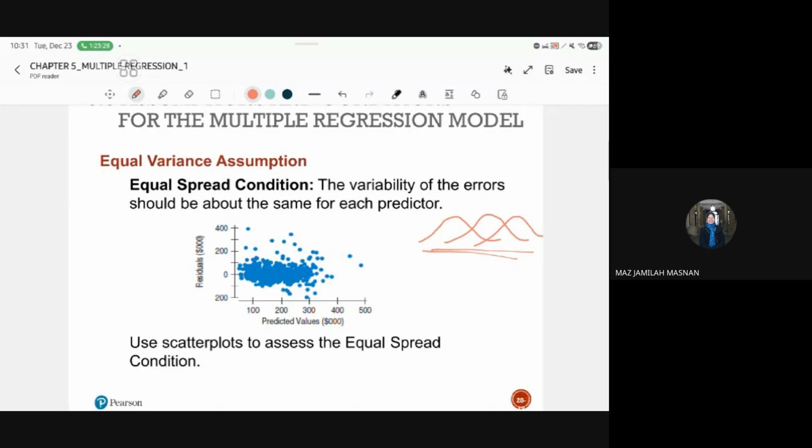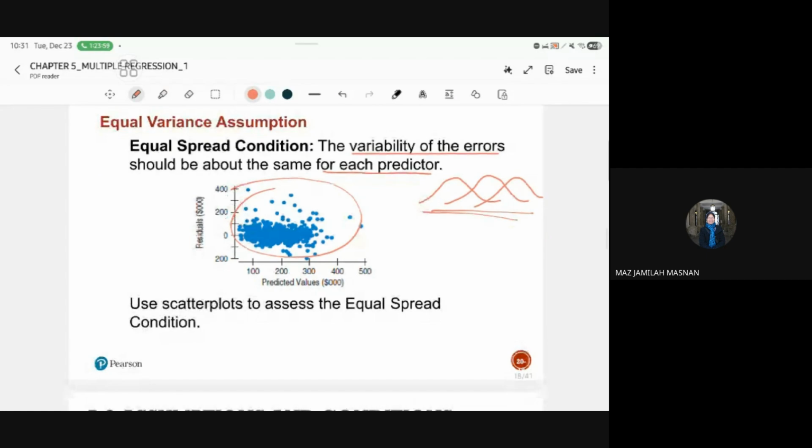The variability of the error should be about the same for each predictor. So if you have 5 predictors, you should have about similar variability of error in each and every predictor that you have. If it is similar for each predictor, then equal variance would be satisfied.